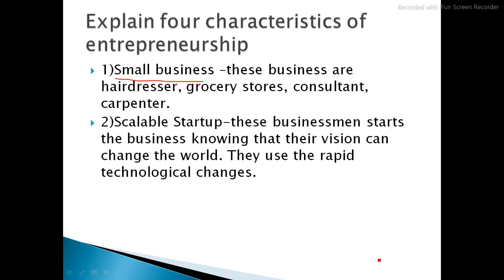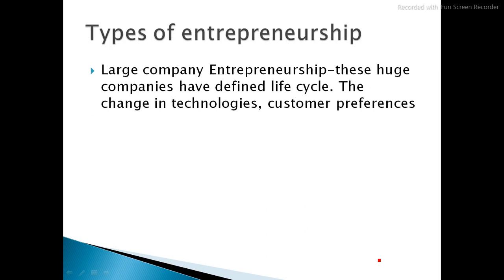Means they have some brilliant ideas, some technical ideas, and they are opening their own firm and they are hiring people to do their work. Next, the third type of entrepreneurship is large company. These are huge companies that have a defined life cycle, like some big schools, some big colleges, some big MNCs. The change in technology and customer preference are their criteria.